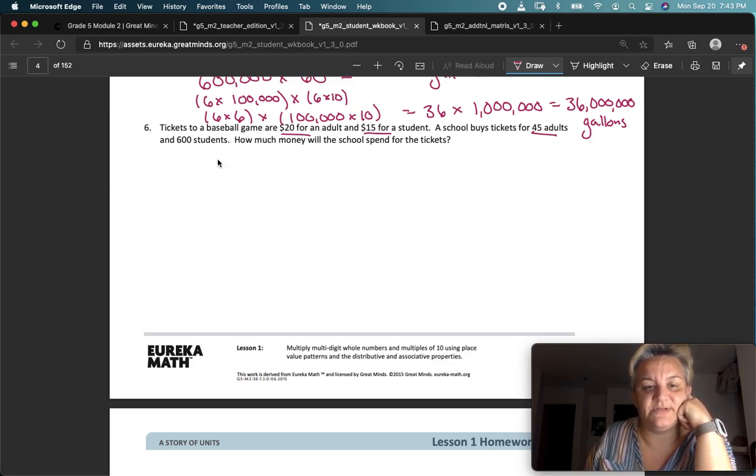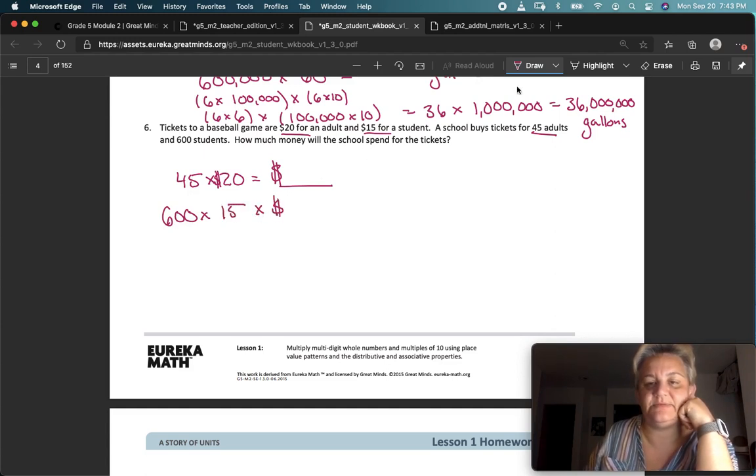Okay, so first of all, how much money will the school spend on tickets? 45 adults times $20, right, equals how much they spent on adults. And 600 times 15 is going to be how much they spent on the kids.